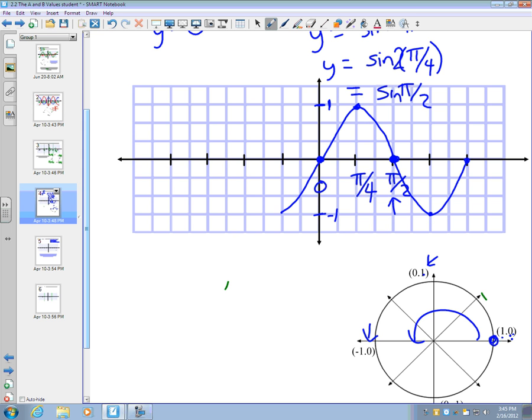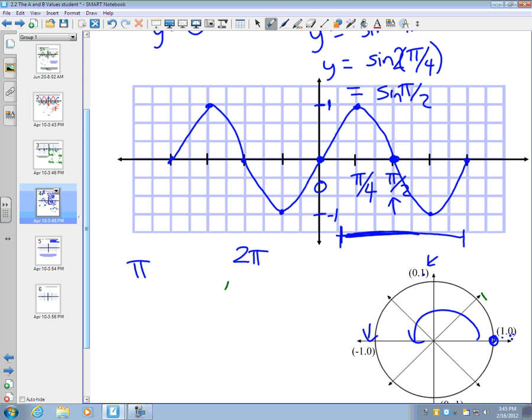This is exactly what we did at the beginning of last class. So comparing this to a normal sine graph, it looks the same shape. The only difference is the period. Normally, remember, sine's period was 2 pi. Now we see that sine's period is pi. We have basically divided it in half.